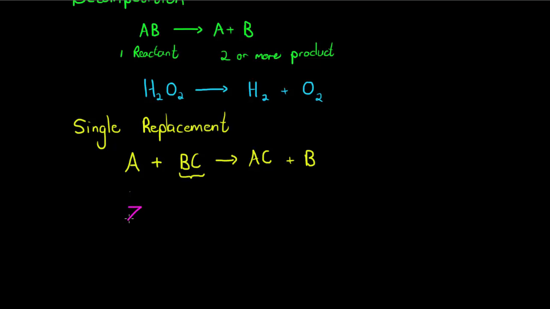So, for example, if I were to dissolve zinc in hydrochloric acid, HCl, it will produce zinc chloride plus hydrogen gas.